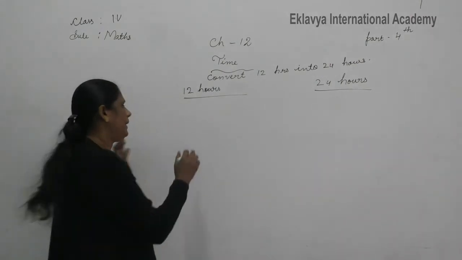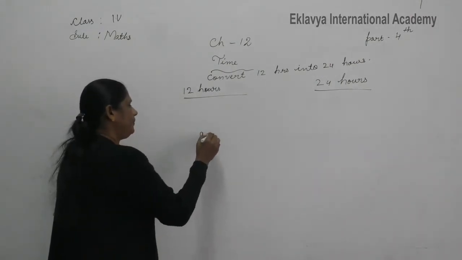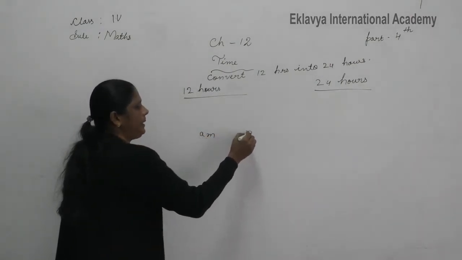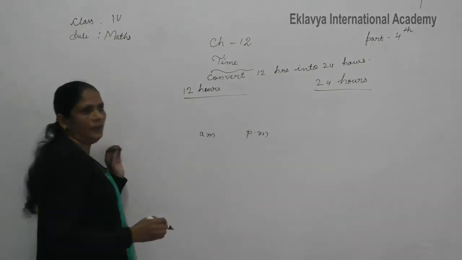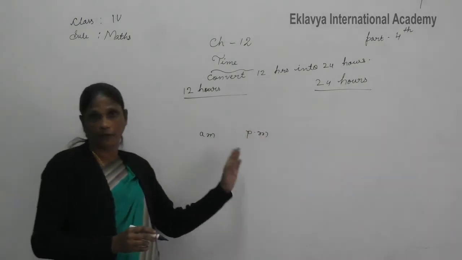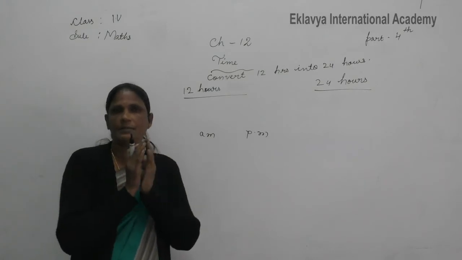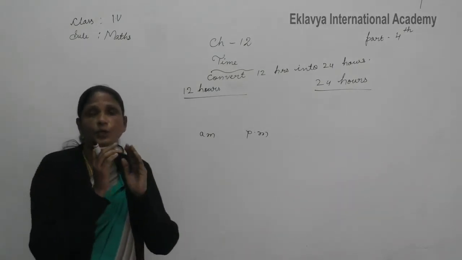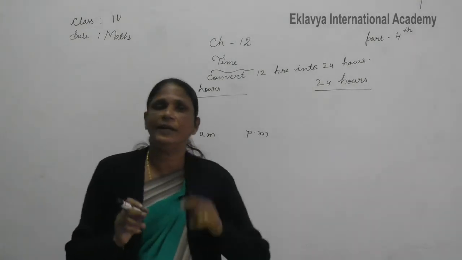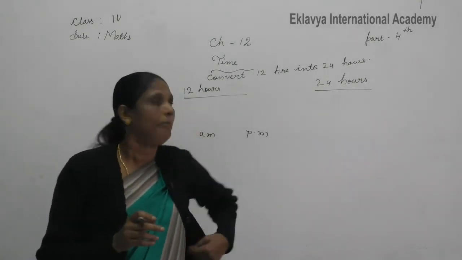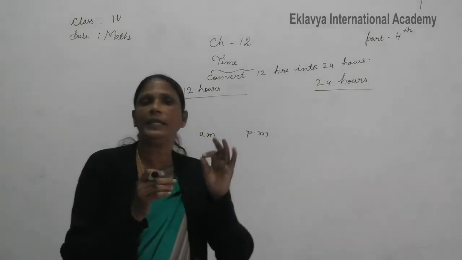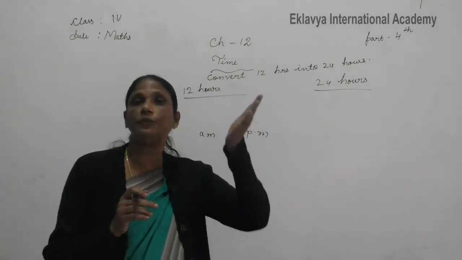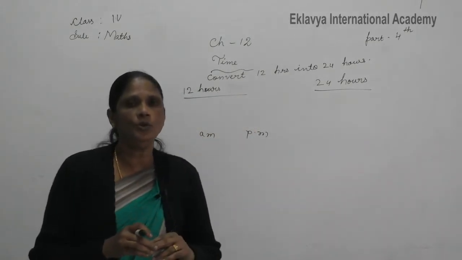You know AM and PM? Midnight means 12 o'clock at night. After midnight, AM starts, and it runs until 12 noon.